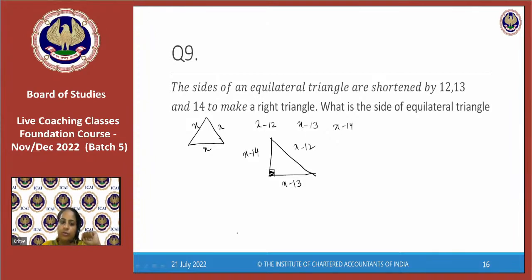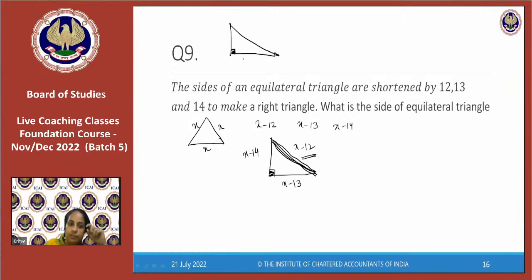My question to you is, how do you know that hypotenuse must be x minus 12 and it is not x minus 13 or it is not x minus 14? How do you get to know that I should take x minus 12 as hypotenuse? A right triangle is one which has a 90-degree angle.